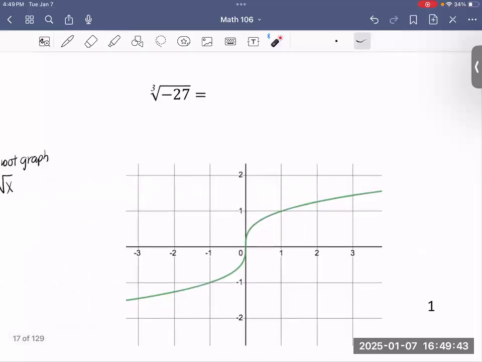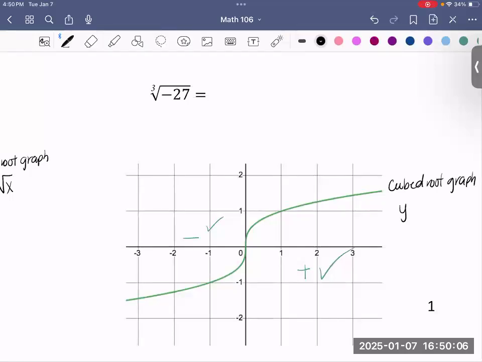Over here, though, comparing it to your previous graph, what's allowed, what's not? Well, you can clearly see that there is a positive counterpart. So positive numbers are still okay. What about negative numbers? Well, we do see the graph contain negative numbers. So that's okay. Now, this is the cubed root graph.